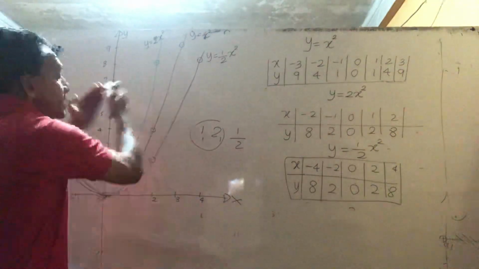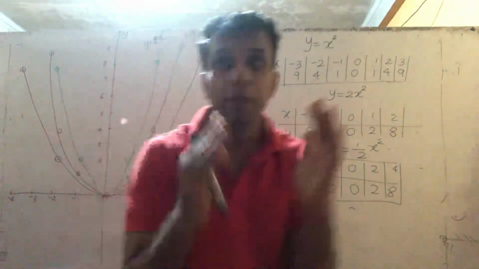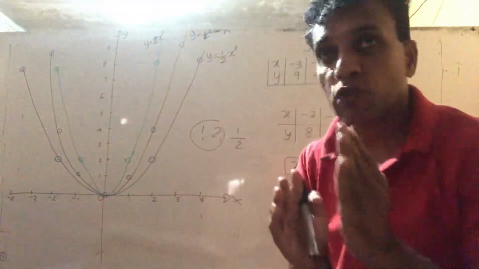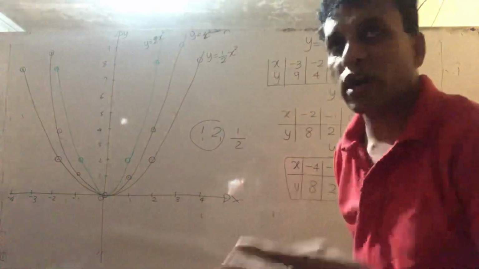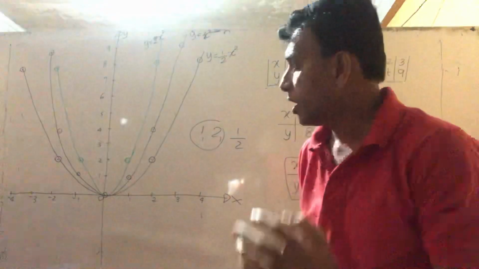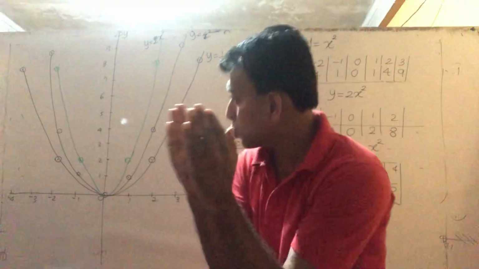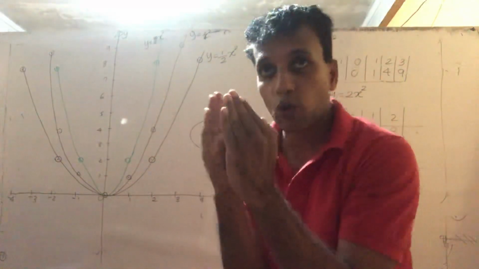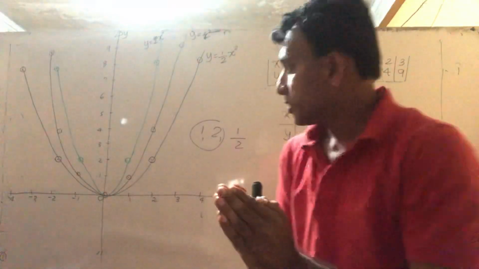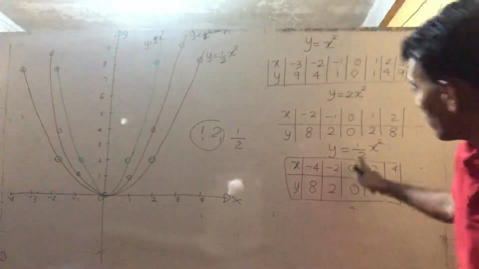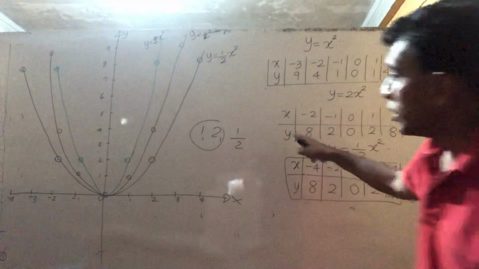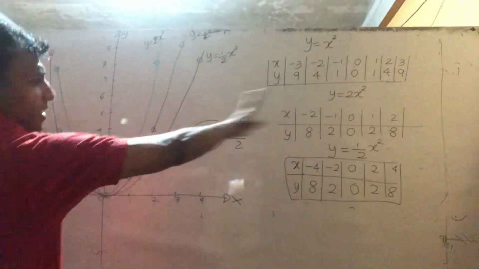That comes inside of it, which means narrow. When the value in front of x square becomes higher, 2x square, 3x square, 5x square, the graph becomes narrow, very close to the y-axis. In the same way, when the value in front of x square becomes small, see half x square, that is somewhere here, that is widened.